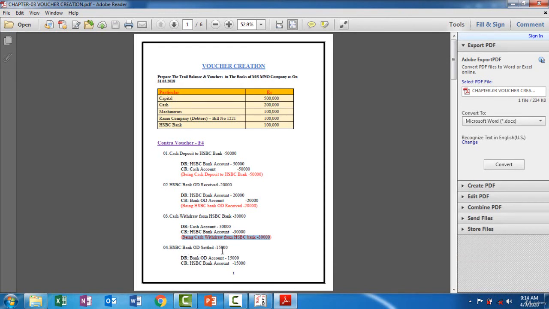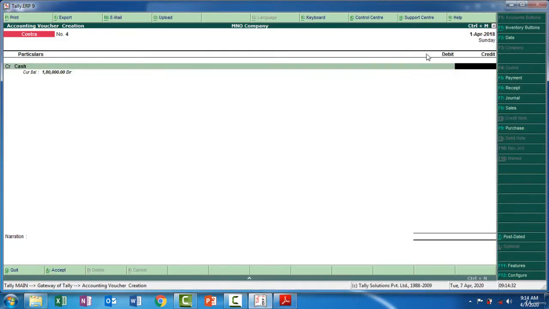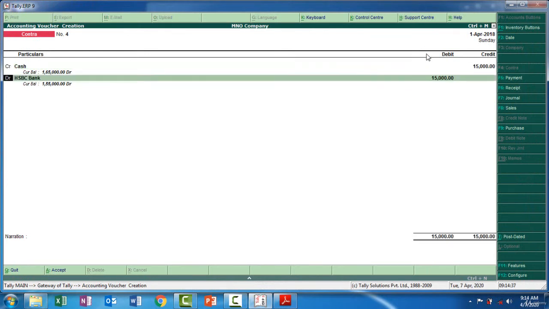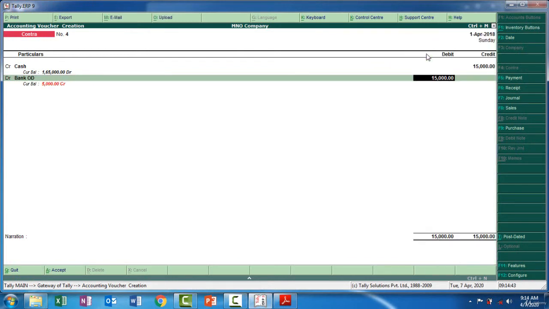So the next one, HSBC bank OD settle. If we OD settle, we need to settle through the HSBC bank. So HSBC bank account credit or decrease, so that's credit. Then bank OD also decrease, so bank OD account debit. So first we have to record credit side. So we have to choose HSBC bank 50,000, and then the bank OD account debit 50,000.